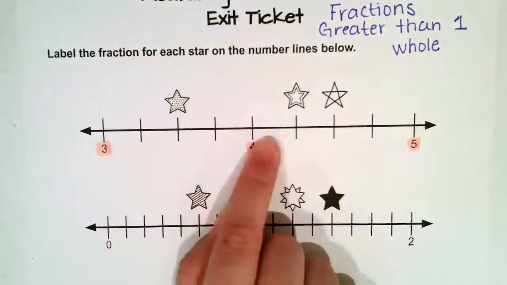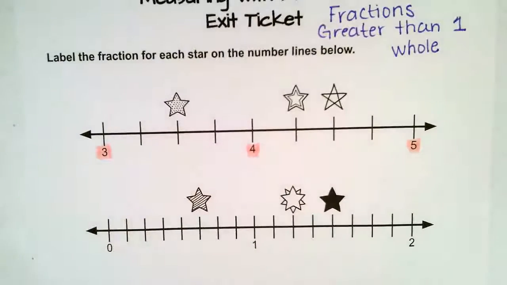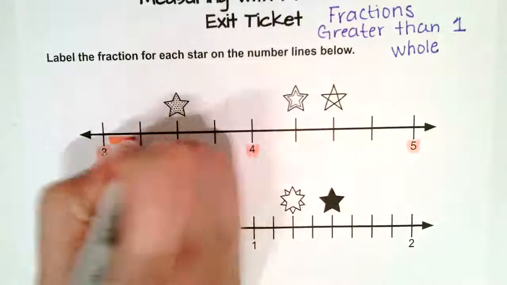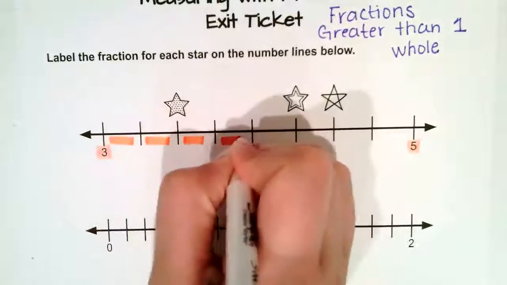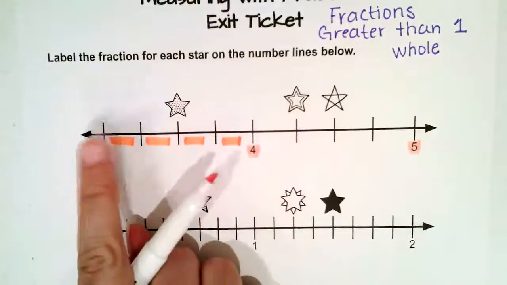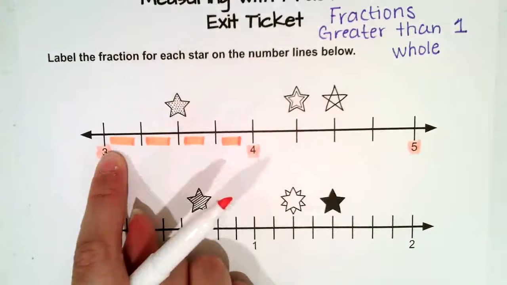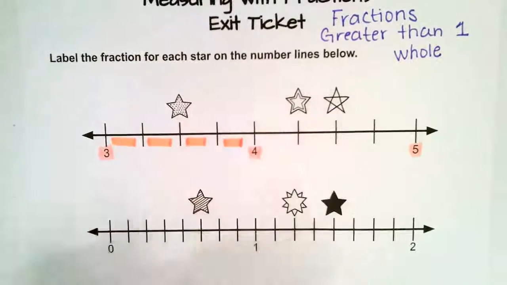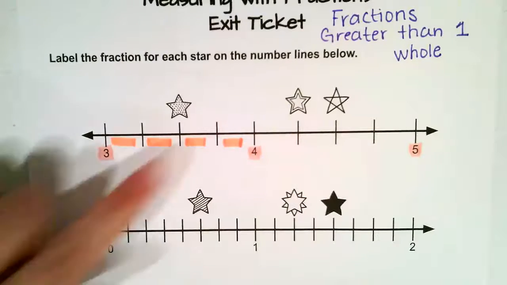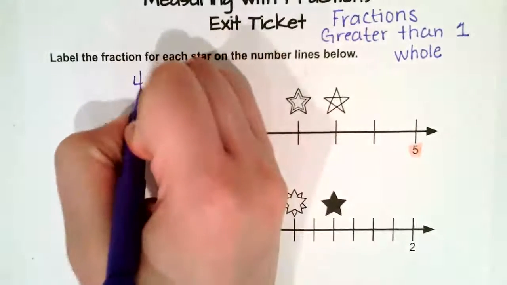So from 3 to 4, I have how many spaces? 1, 2, 3, 4. So I know between 3 wholes and 4 wholes, I have 4 spaces. So my denominator is going to be 4. Okay, so I have 4 pieces or 4 parts.